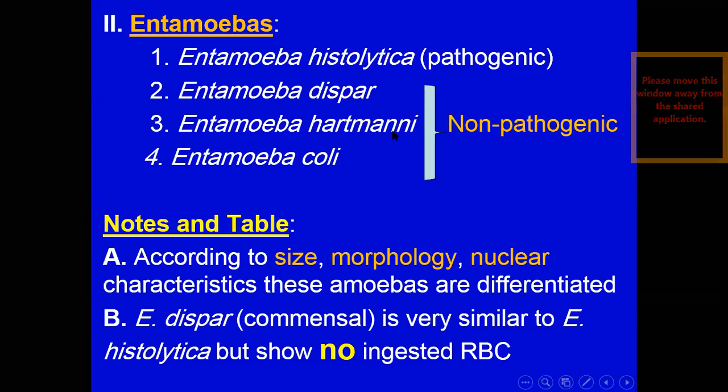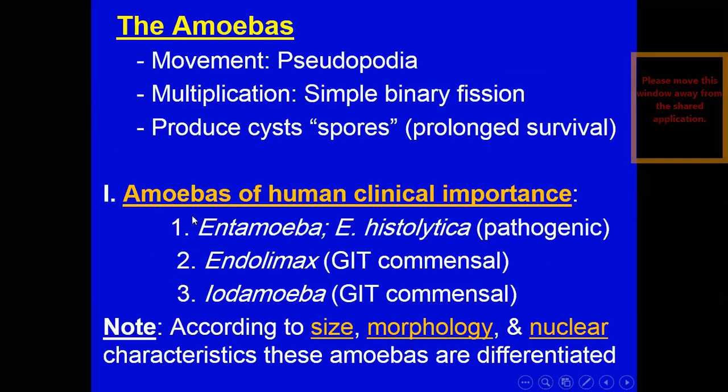Again, other species are Entamoeba hartmanni and Entamoeba coli. These are all Entamoeba. You should be aware we have started with Entamoeba, and there are other genera, Endolimax and Iodamoeba. We are not concerned about them today.